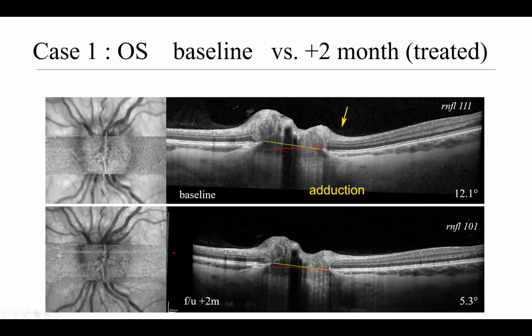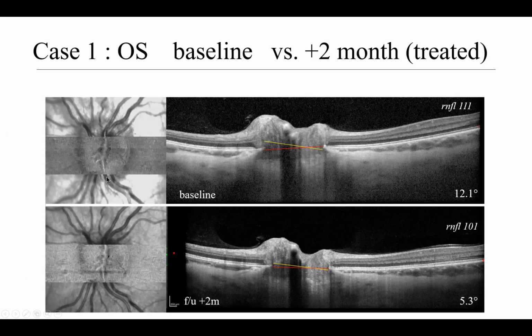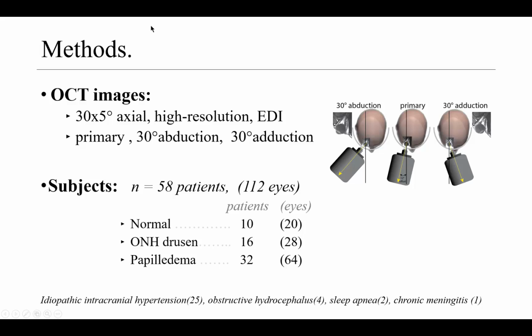So it appeared to me, at least based on this patient, that this has something to do with the tilt angle. And so what we decided to do is to look at this more systematically, again taking these 3 images in primary, abduction, adduction, in a group of patients: normals, drusen, and 32 patients with papilledema.